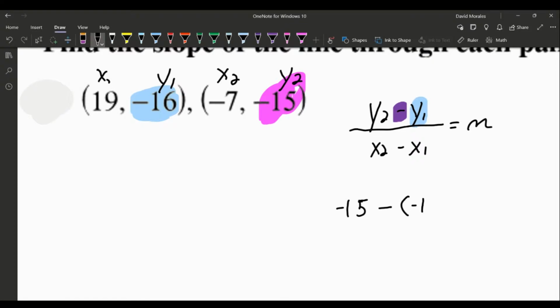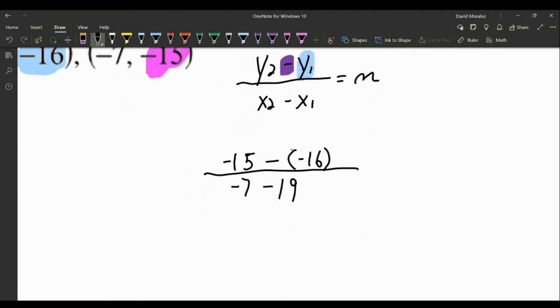Then you're minusing negative 16. Okay. Over x2, which is negative 7 minus 19. Okay. Negative 7 minus 19.